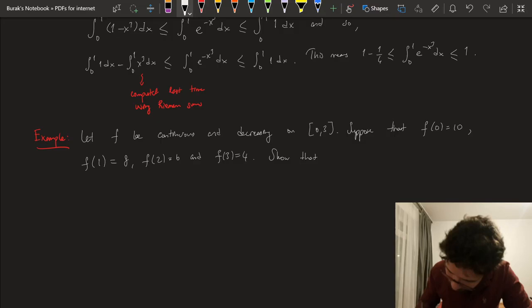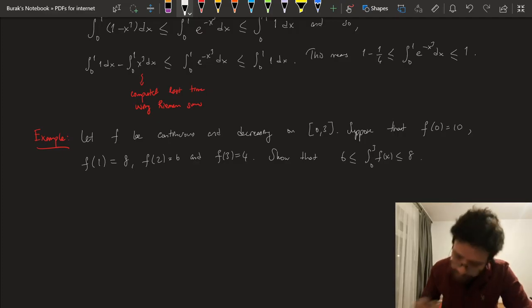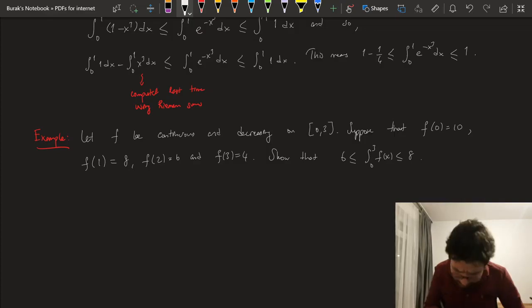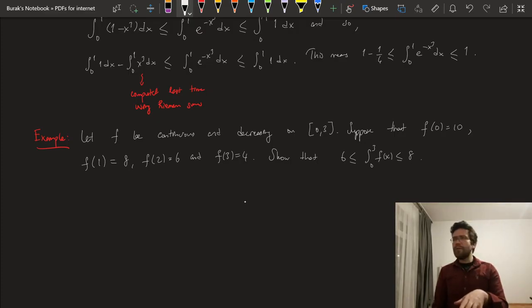So the question is, show that the integral of this function over this interval is between 6 and 8. I hope my values are right. We'll see. This is very similar to a question that we actually asked a couple years ago, maybe 2 years ago.